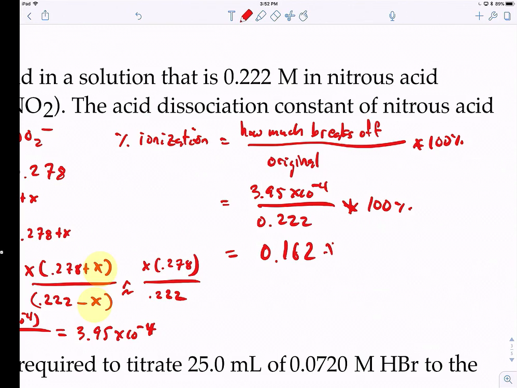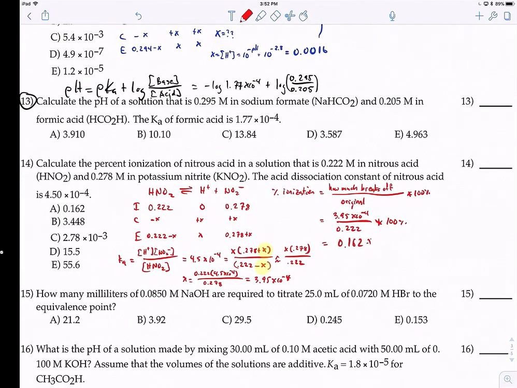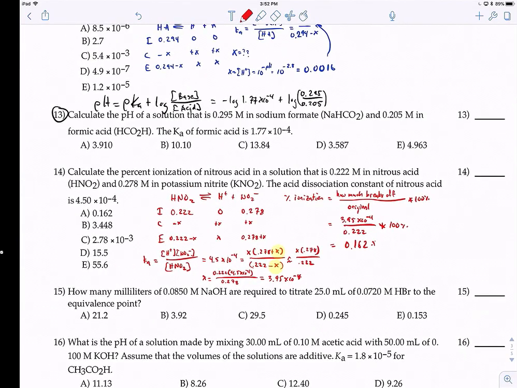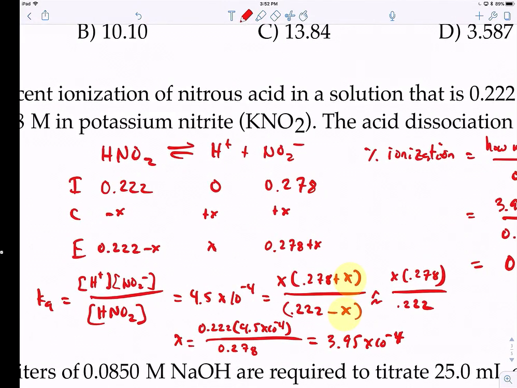Just like the weight analogy. Does that make sense? Okay. The other thing with this, it's a common ion problem, and the common ion in this case is nitrite. So be sure to include the common ion in the equilibrium expression. So, questions with this one?